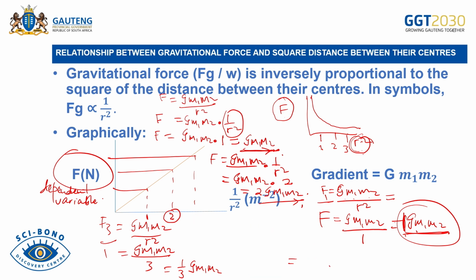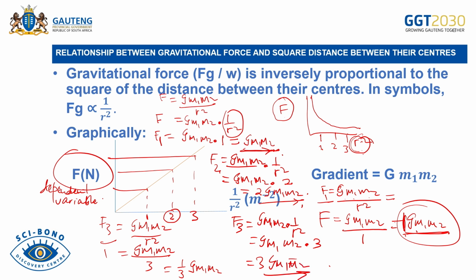So we're moving to where 1 over R squared is 3. So this is your F1, this is your F2, this is F3. F equals G m1 m2 times 1 over R squared, which is G m1 m2 times 3. This is going to be 3 G m1 m2.